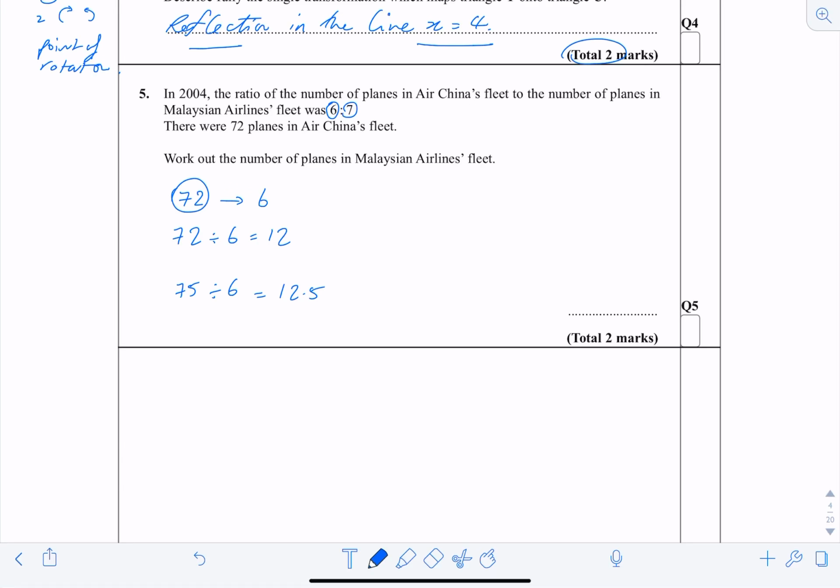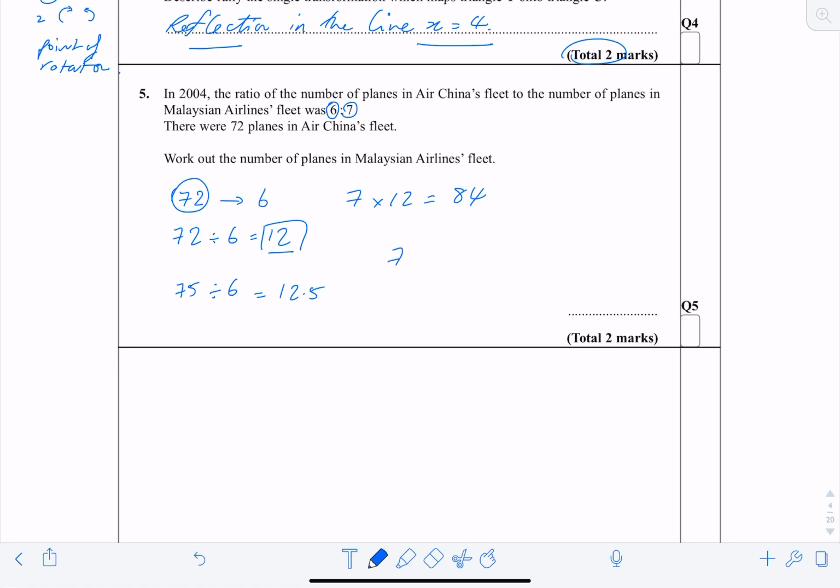At its simplest, there are only 6 planes, and anything above 6 is going to be a multiple of 6. So if we know that the multiple we're using here is 12, all we need to do is say, if 7 is the simplest number of planes that Malaysian Airlines has, we can times by 12 to get 84 planes.